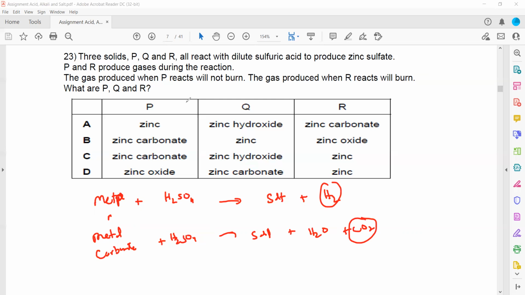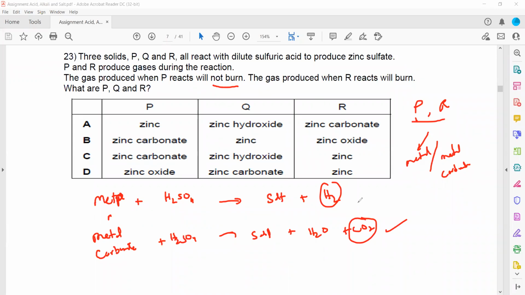So P and R: one of them can be a metal, and the other one a metal carbonate, because these are the two conditions in which a gas is given off. But they mention that P produces a gas that does not burn. So which gas does not support burning? Carbon dioxide is produced in combustion, but it does not support burning. It does not help in burning.